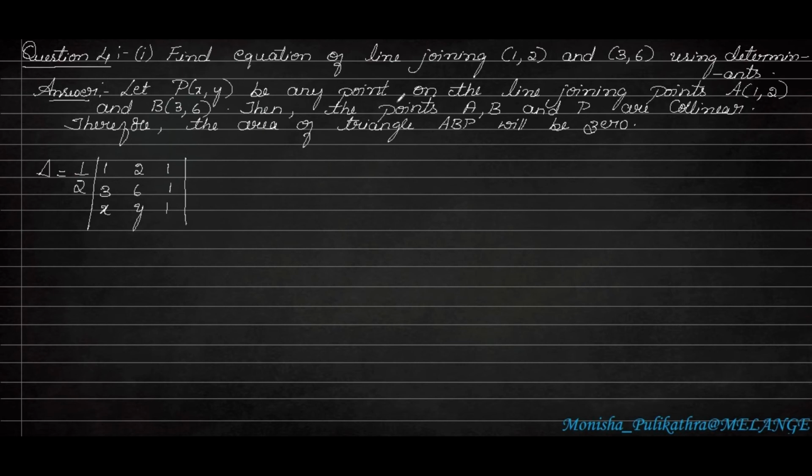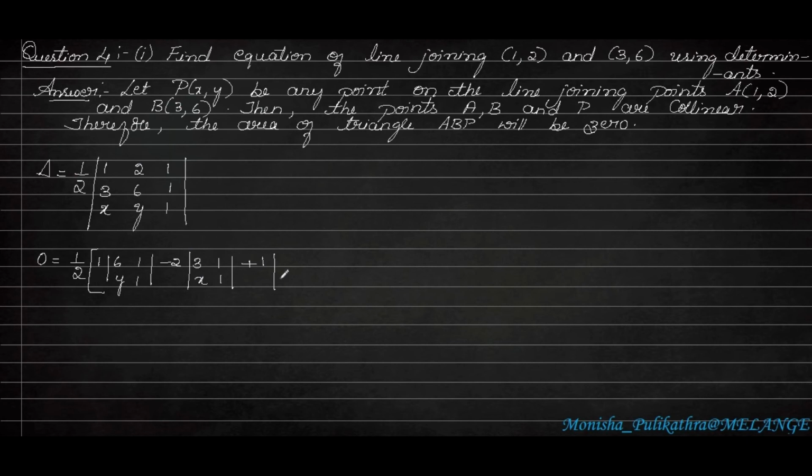Since the points are collinear, the area of the triangle will become 0. So 0 is equal to half. Again, in the same manner, we have to find the determinant of it. Here 1. If I take 1, then these 4 elements will be there, 6, 1 and y, 1. And next minus 2. If I take minus 2, then the remaining elements are 3, 1, x, 1.